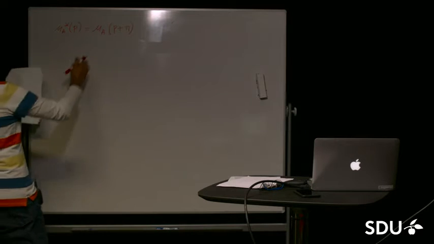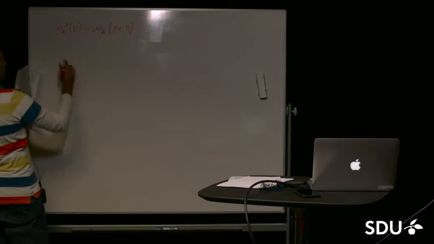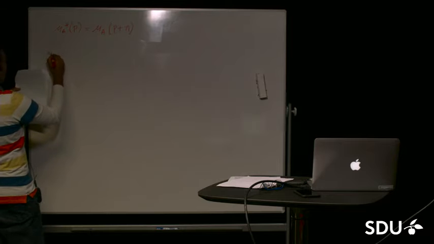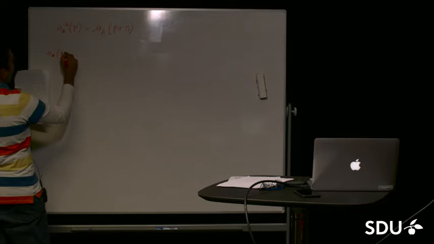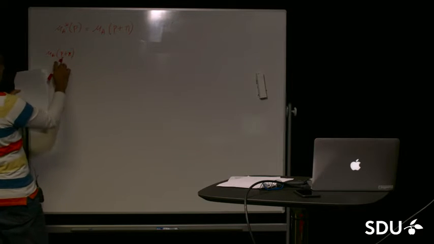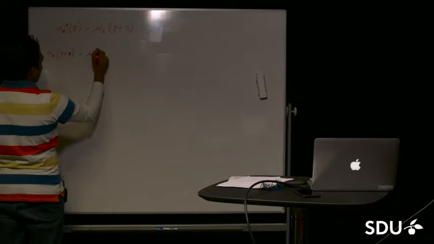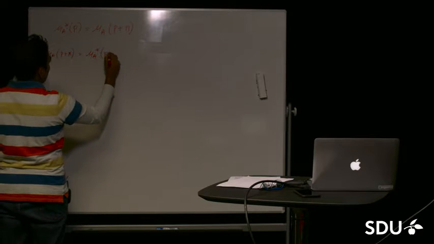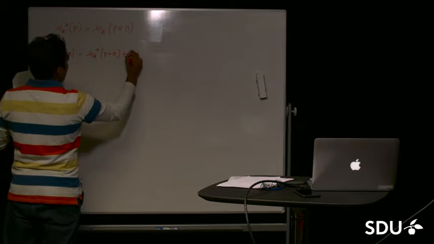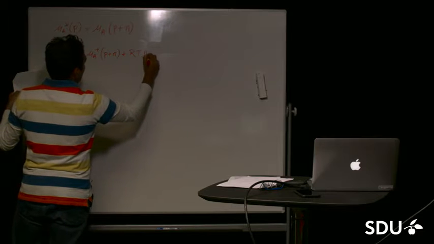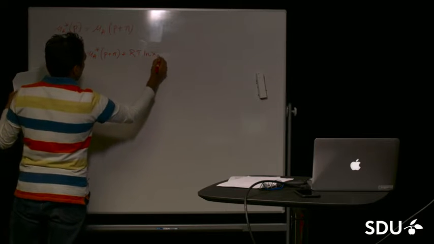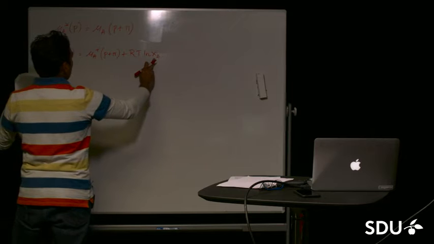So, let us try to expand this term a little bit. On the right hand side, the chemical potential of the solvent at a pressure P plus pi is given by the chemical potential of the pure solvent at the same pressure plus RT multiplied by the logarithm of the mole fraction of the solvent.